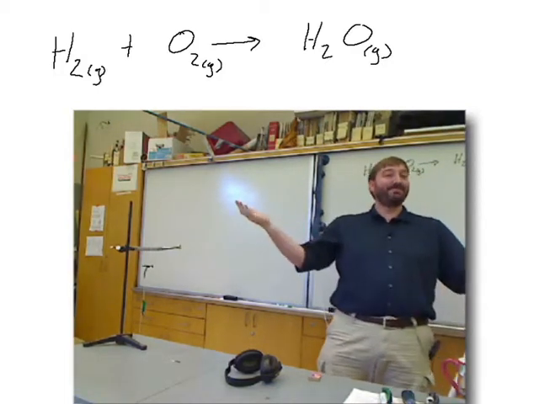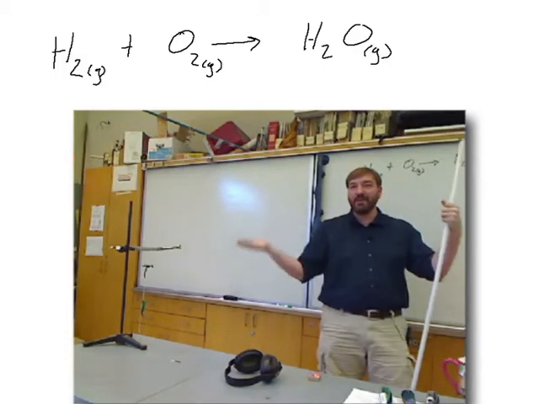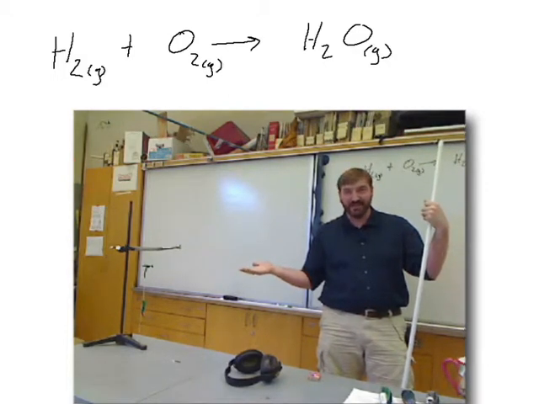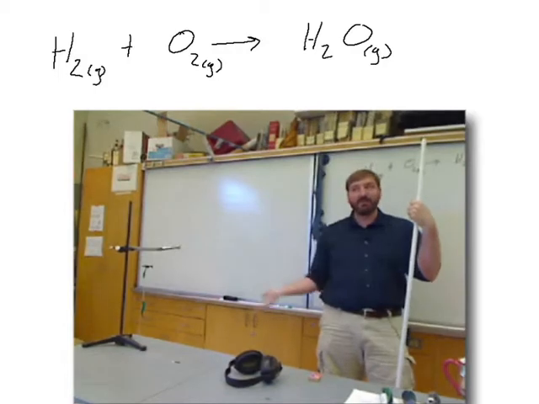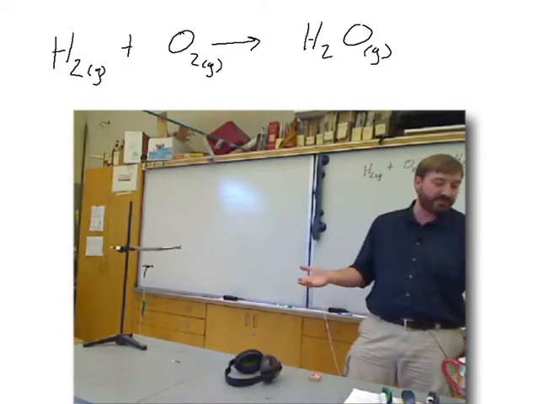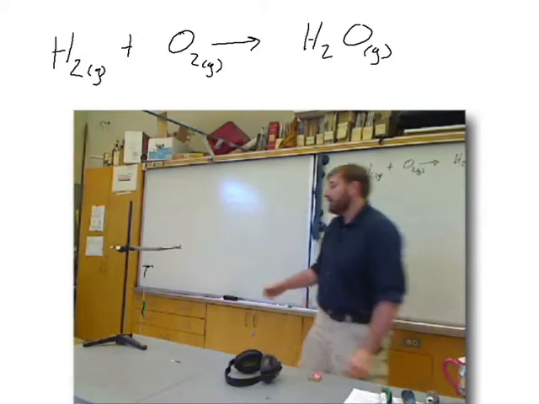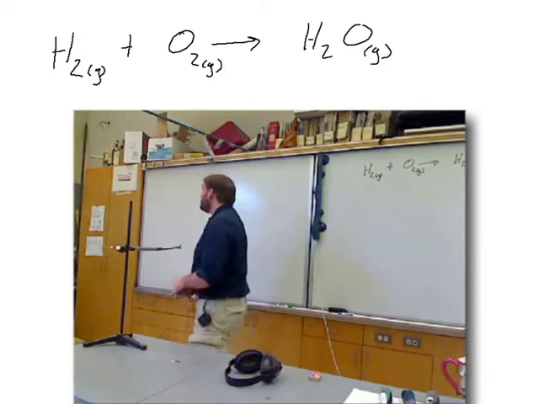So if we go back to the idea of having 100 grams of ethanol reacting with 100 grams of oxygen, our new first step is to figure out which one of these two is the limiting reactant.